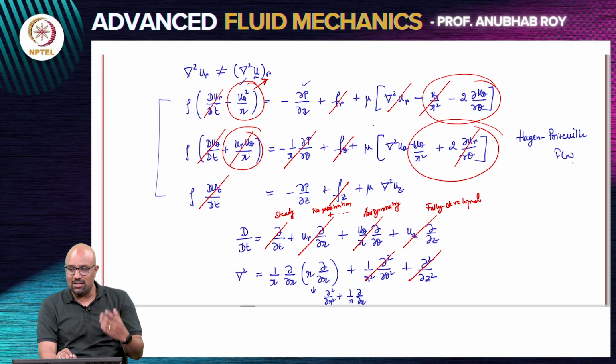So, this is our first encounter of the fact that every solution of Navier-Stokes is not necessarily going to be observed in reality. You can obtain a mathematical solution, which is what we have done. We have taken this as a differential equation, made some assumptions, dropped certain terms and obtained a solution.